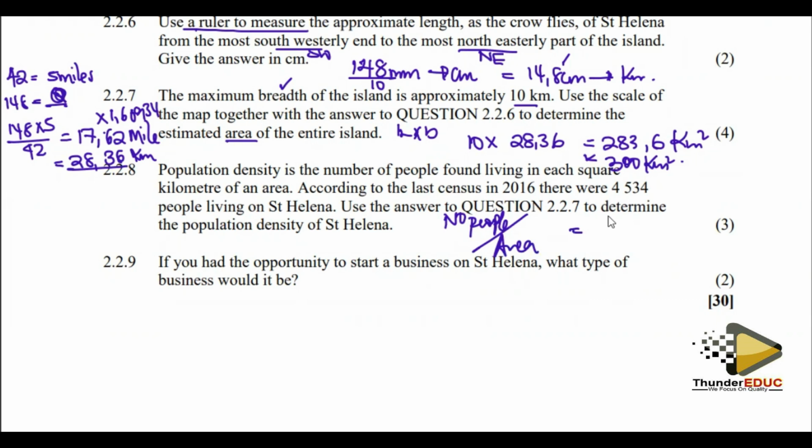So here we are saying 4,534 divided by the area of this place here. So estimation, we said 300. You might divide by 300 or 283 as I got. Guys, this will depend on what answer you got when I rounded it up because I was estimating.